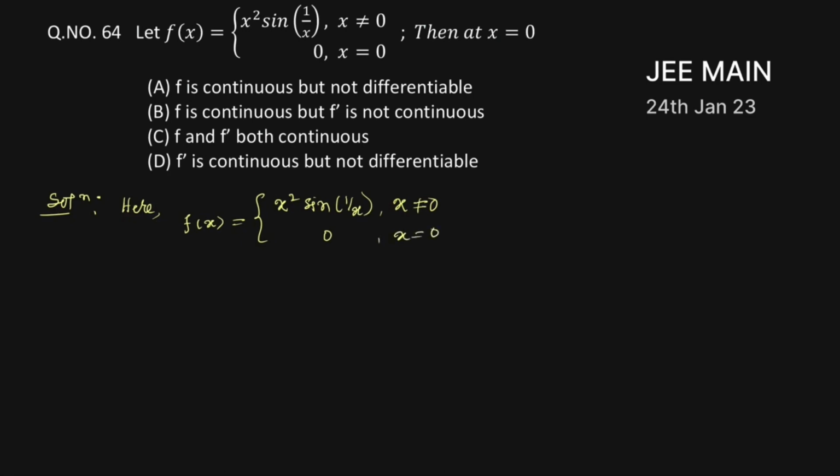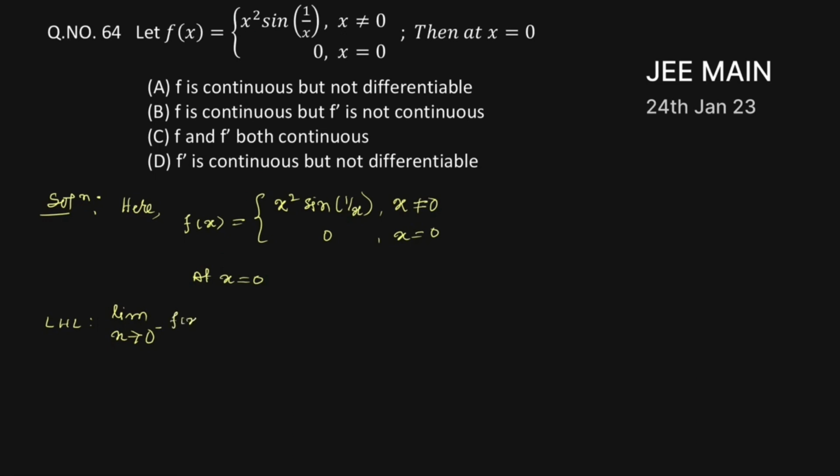First of all, we have to check the continuity at x equal to 0. Let's see. At x equal to 0, left-handed limit, x tends to 0 to power minus. That means the value of x is slightly less than 0, which approaches 0.